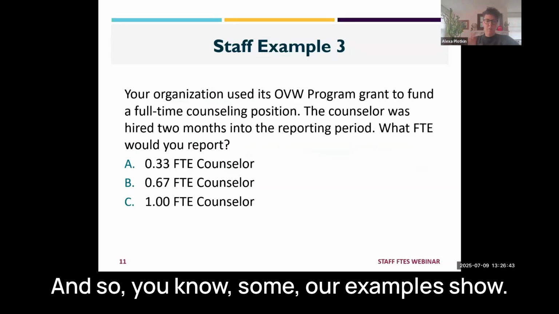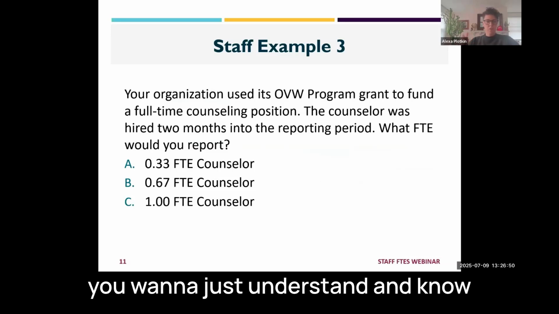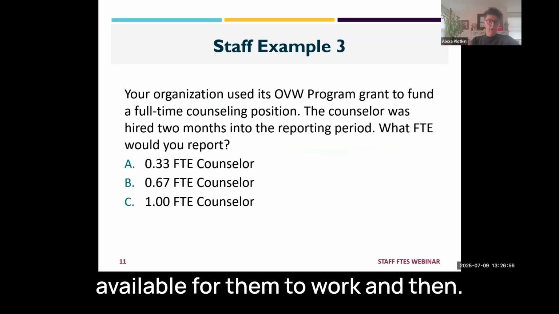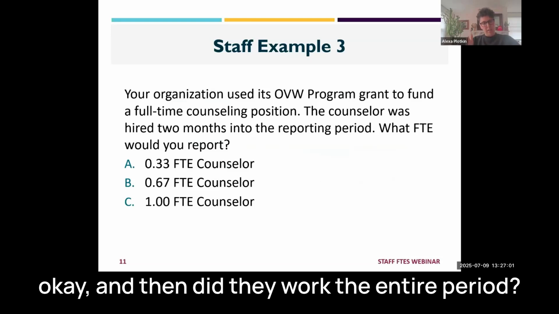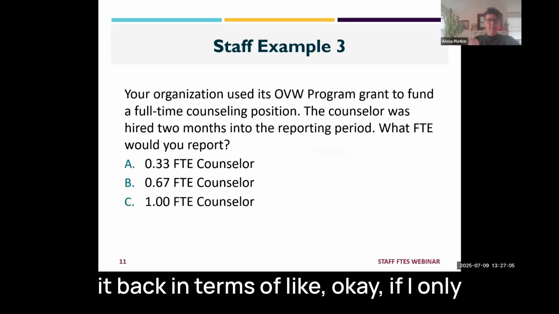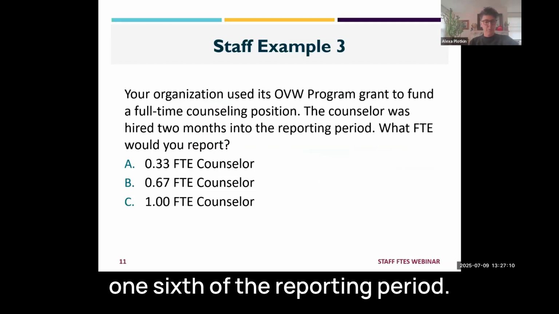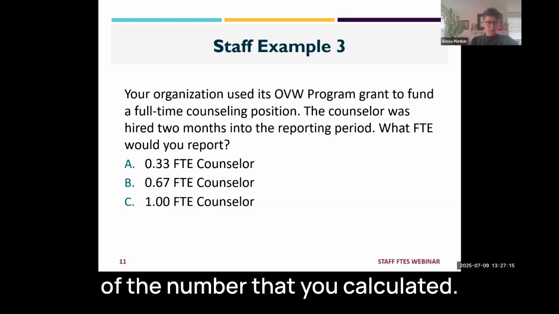And so, our examples show the many different ways that you can get to these numbers, but ultimately you want to just understand and know how many hours did somebody work in the period and how many hours were available for them to work. And then you get that number, and then you can say, okay, did they work the entire period, yes or no? And if they didn't, then you have to pull it back. If I only worked 1 month, that's 1/6 of the reporting period, so you would have to take 1/6 of the number that you calculated.